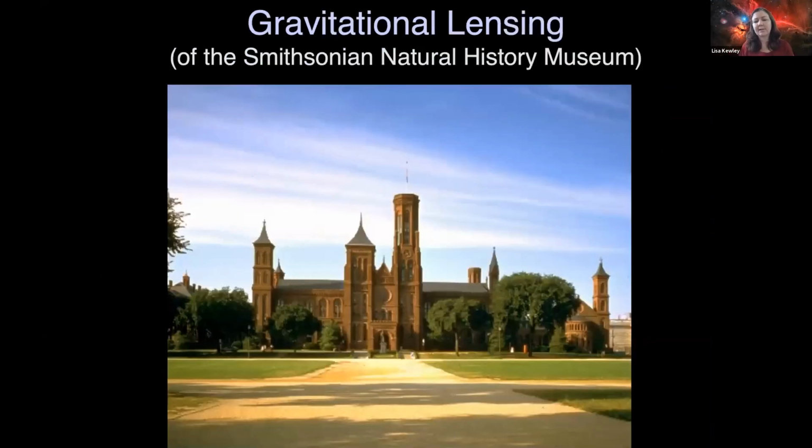I'm going to show you an example of gravitational lensing, what would happen if a lens is on Earth. This is the Smithsonian Natural History Museum, a museum in the US. Now I'm going to put a quasar in front of it, and we'll see what happens to the image. This is a good image to lens because there are different parts of it that you can see what happens to.